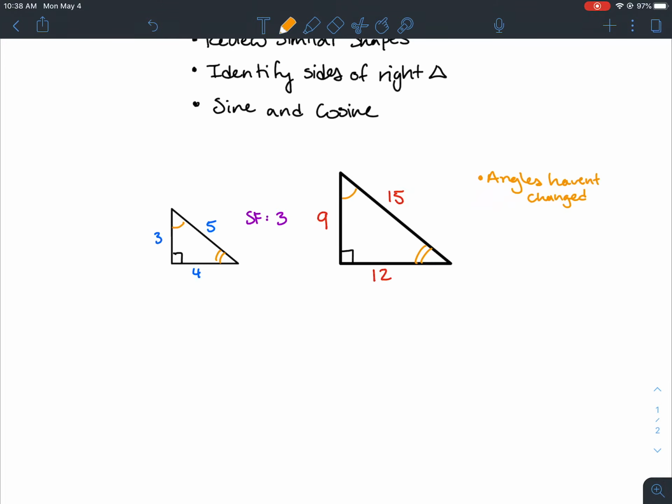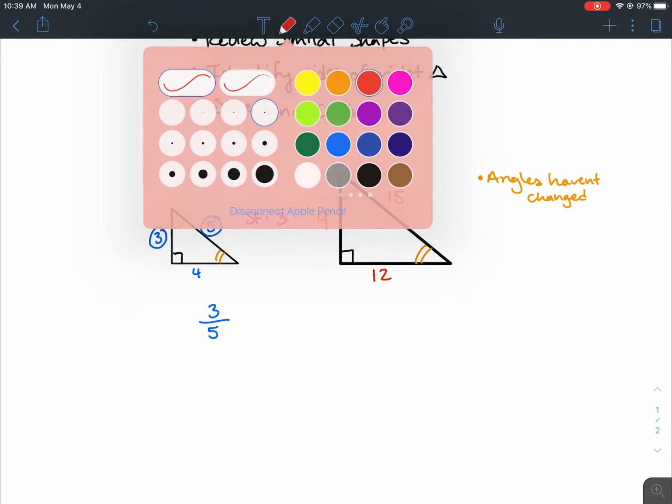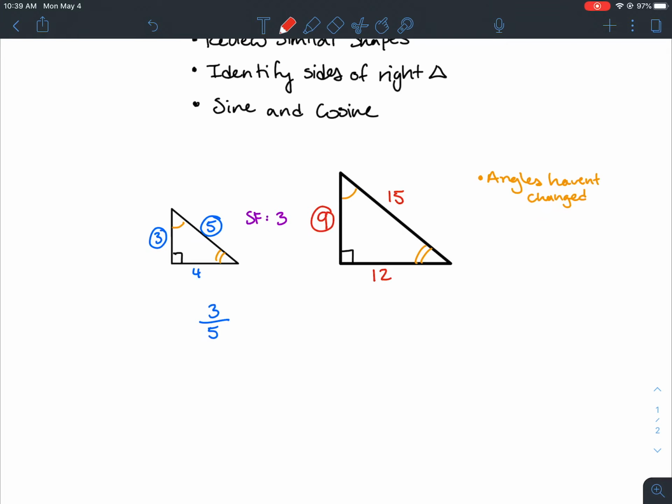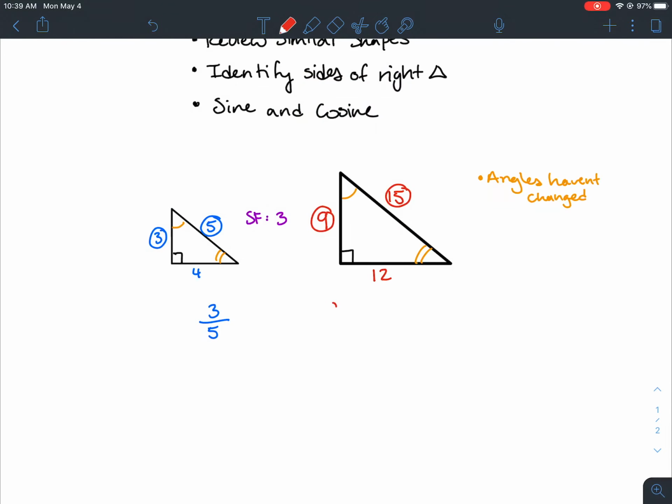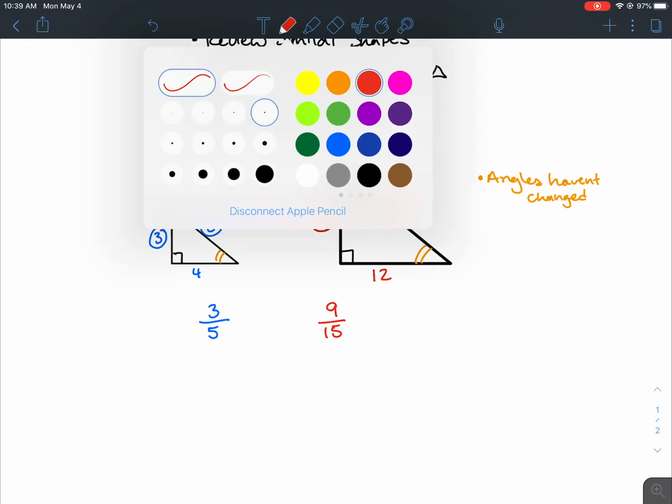So if we look at a ratio, we could say that, let's look at 5 and this 3, okay? So that ratio is 3 to 5. Well, let's look at this ratio of the same sides, only in the bigger shape. We have 9 and 15.